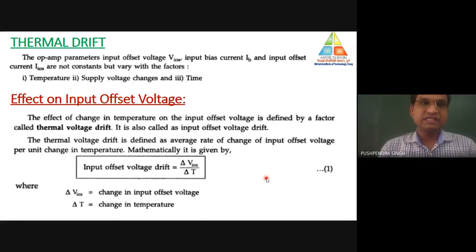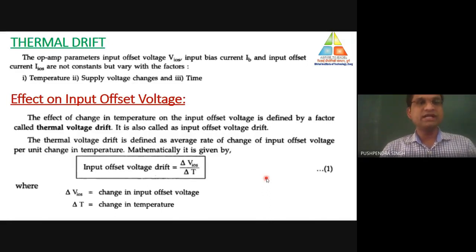And these three parameters will affect the output value of the operational amplifier. So the value of these parameters should be constant. Why? Because if the value of these parameters changes, the value of the operational amplifier output will also change. And if the output changes, then whatever circuitry is connected at the output terminal of the operational amplifier will not work properly.